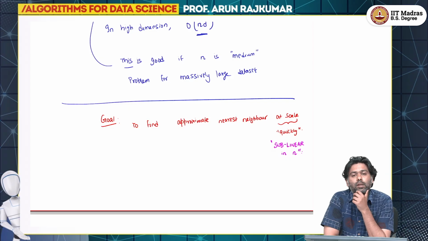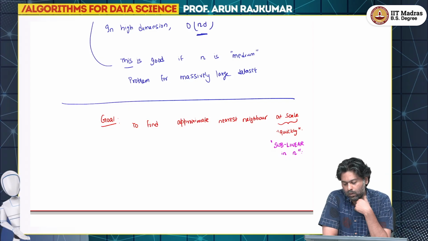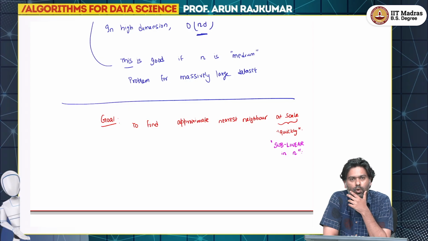So, in other words, what we are saying is I have n points, but if I want to find the nearest neighbor, I do not want to compute somehow the distance to everybody. That is what sublinear means, right. Linear means you are looking at every data point at least once.